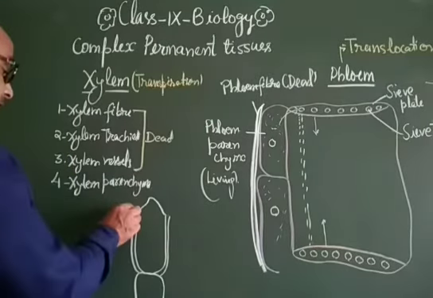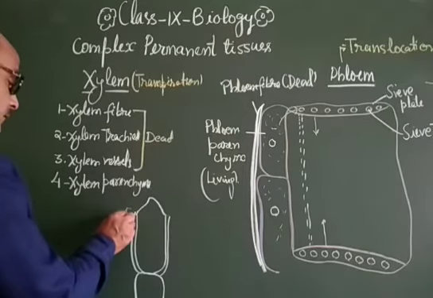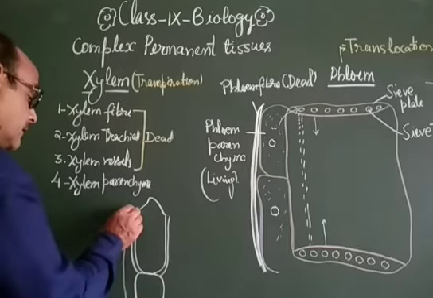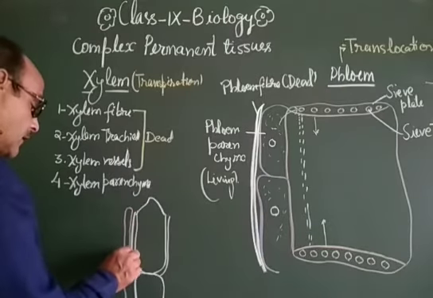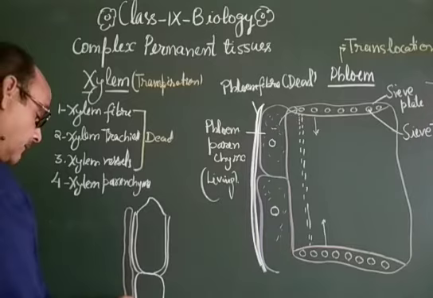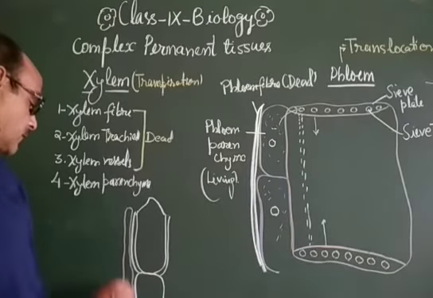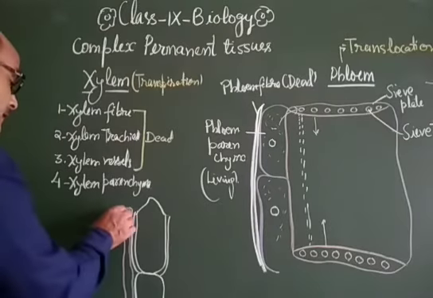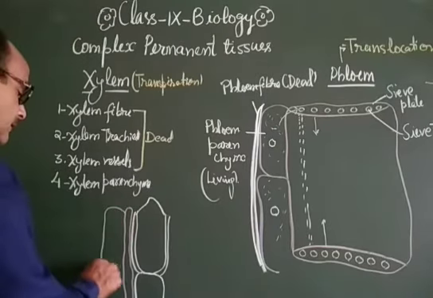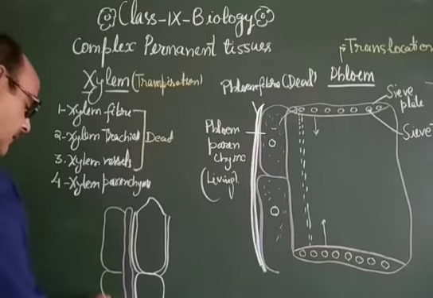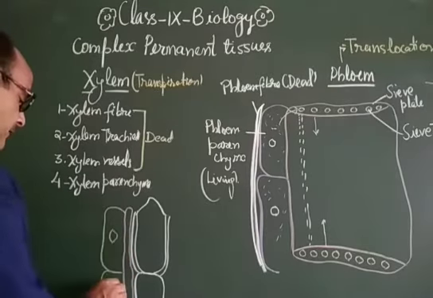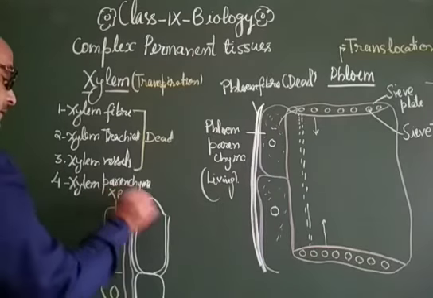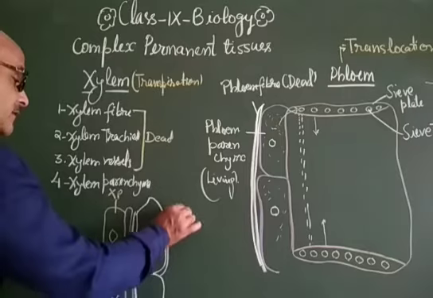You can mark this is the xylem trachea, which is the wood part, but that is perforated, that is able to absorb the water from the xylem parenchyma. So you can mark this is the xylem parenchyma. This is xylem parenchyma. This is xylem vessels.